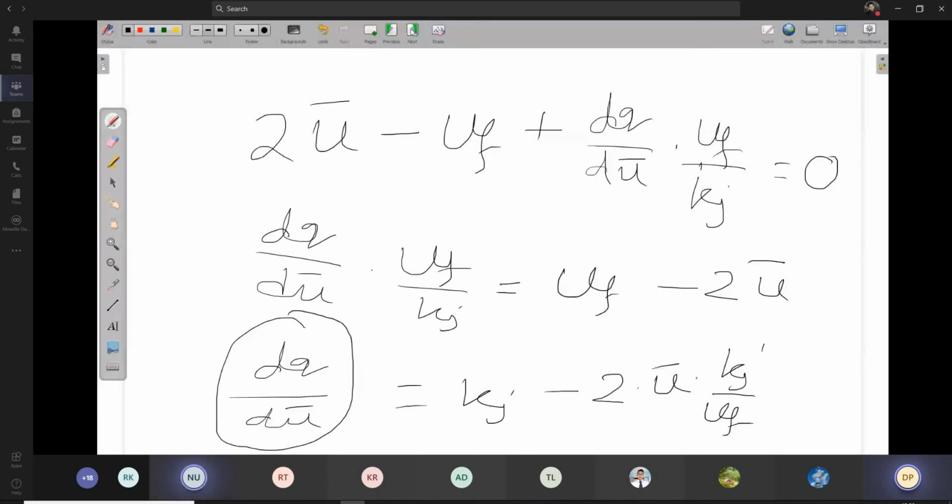So I can equate this equation to 0. For maximum flow, dq by du bar is equal to 0.